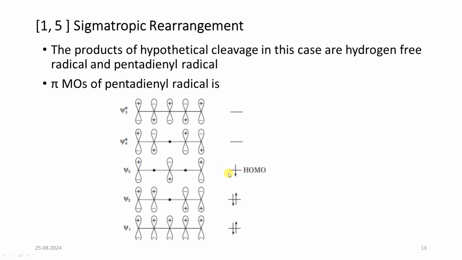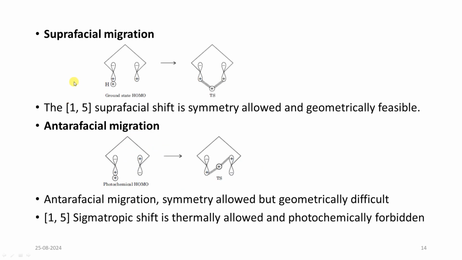Here the ground state HOMO is Psi3, the ground state LUMO is Psi4, and the excited state HOMO is Psi4. For the thermal reaction we have to consider Psi3, and for the photochemical reaction we have to consider Psi4.